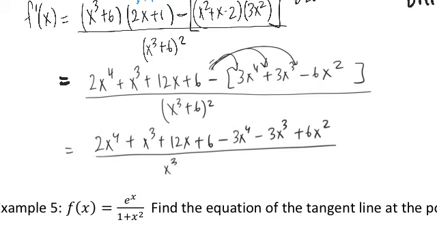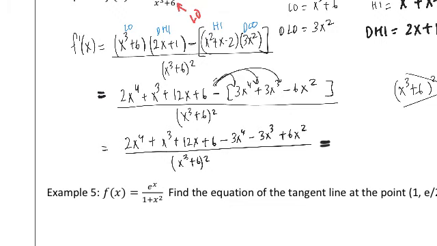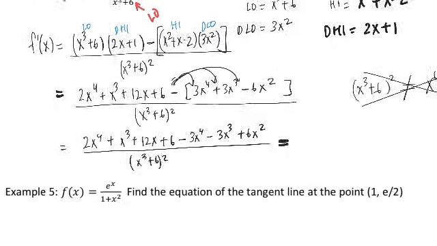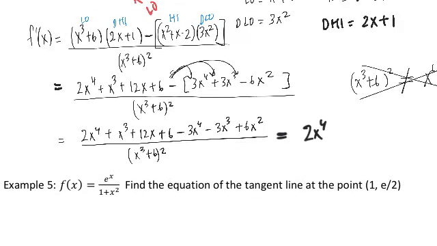And now you're going to combine like terms on the top, and you are going to end up with, let's see, 2x to the 4th. And then x cubed here minus 3x cubed there, that makes minus 2x cubed. Plus 12x, I forgot the x to the 4th term. I should have said 2x to the 4th minus 3x to the 4th.